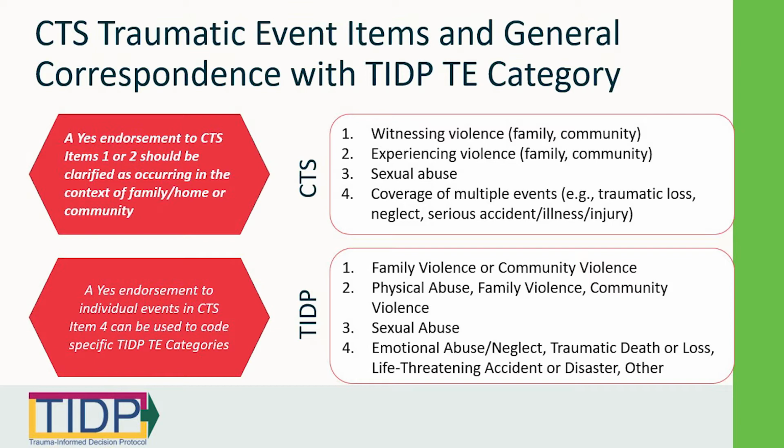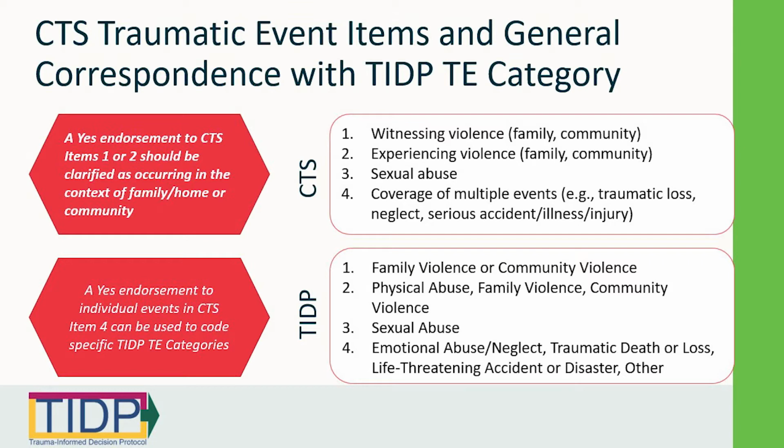That's question 1. Experiencing violence either in the family or community. That's question 2. A youth's experience of different types of sexual victimization or sexual abuse. That's question 3. And question 4 is that laundry list question. Remember, it's covering a number of different types of traumatic events as well.